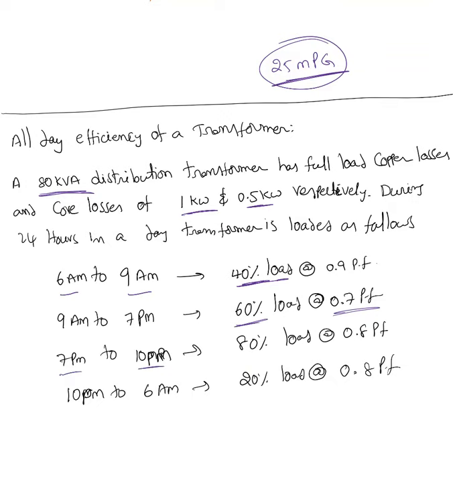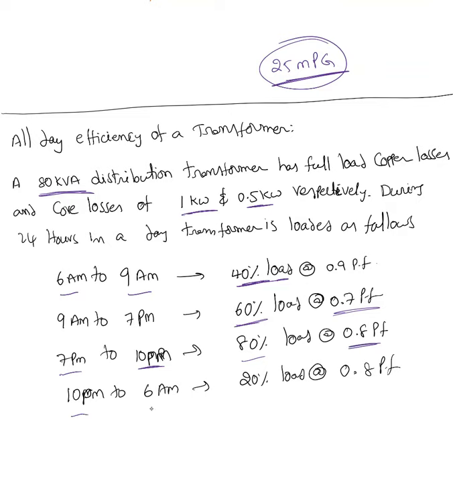Now 7 p.m. to 10 p.m., when we're back from work to home, probably you're watching TV, maybe turning on your washer and dryer, dishwasher, or cooking. Say that's 80% of the load with 0.8 power factor.